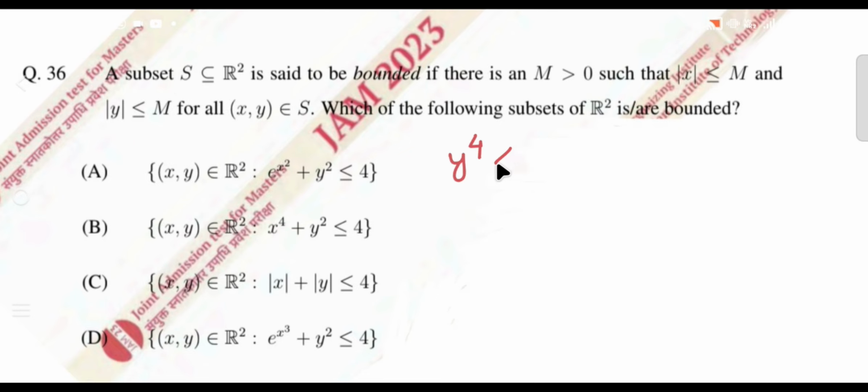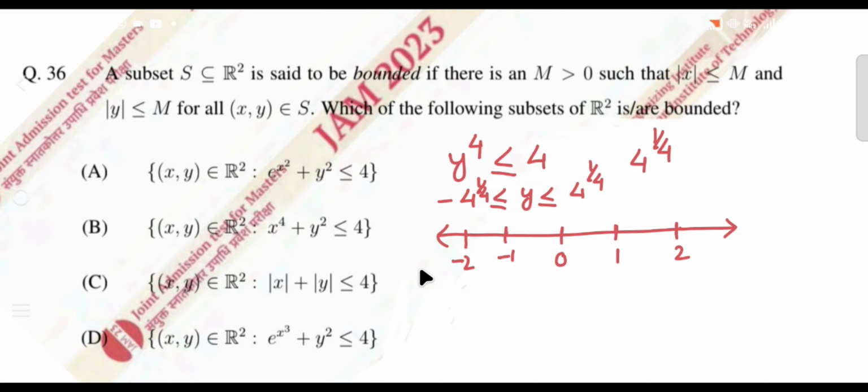Okay, even power, and suppose this is less than or equal to 4. This is the solution. This point is 4 to the power 1 by 4, and this point is -4 to the power 1 by 4, and in interval form y will be so.